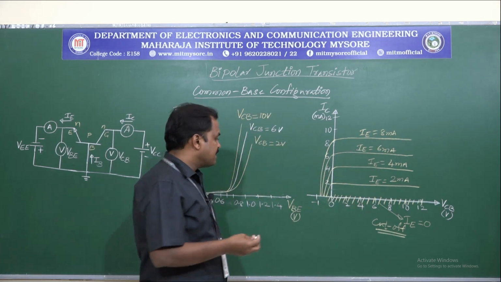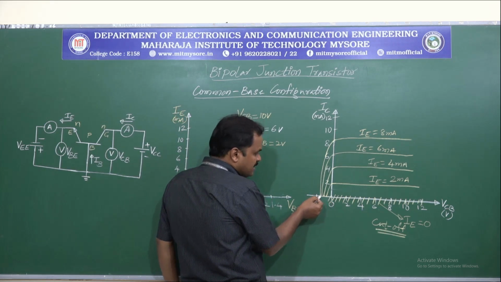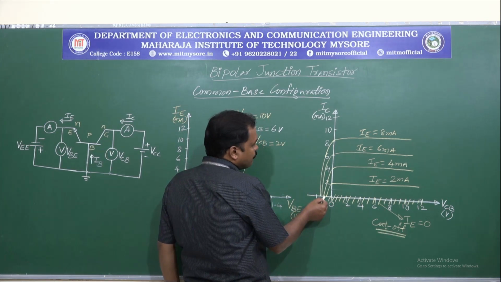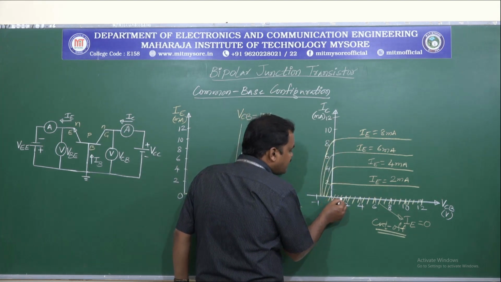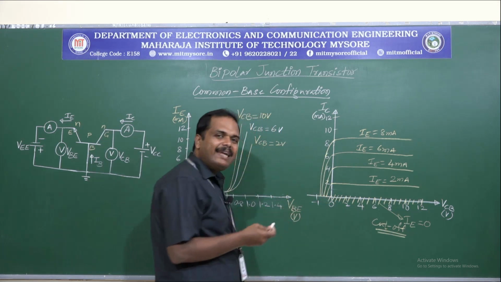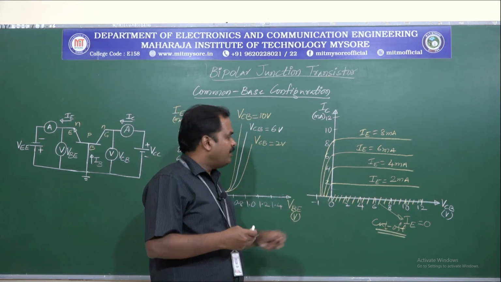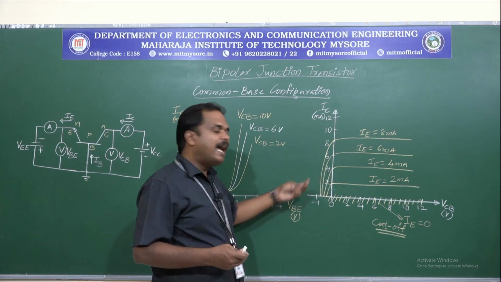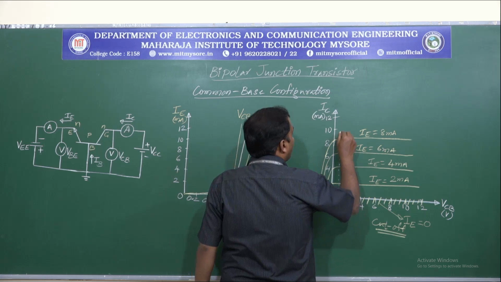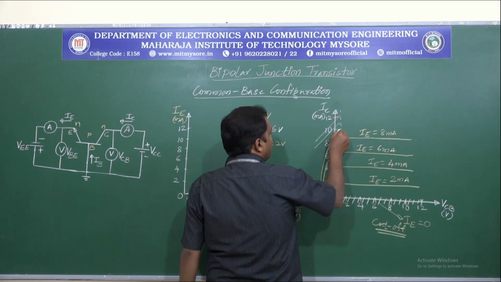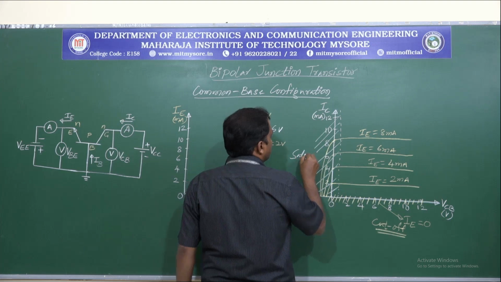So now here what we can see is, while VCB is negative, the device will be in saturation region. So as it reaches at least 0.8 to 1 volts, then the device will be working in active region. So at least till this particular point, this region we'll consider as saturation region.